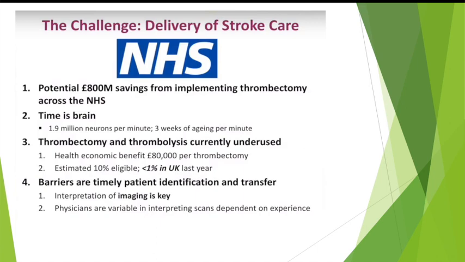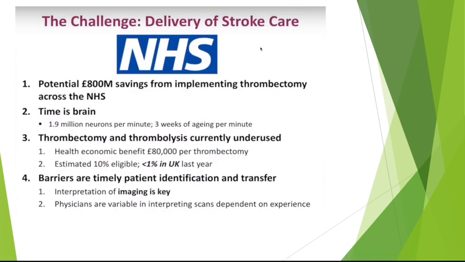With every single passing second, lots and lots of neurons are dying, and so thrombolysis as well as thrombectomy need to be offered to patients very fast. As they say, time is brain. Now, how would it be possible to offer these treatments in a timely manner?